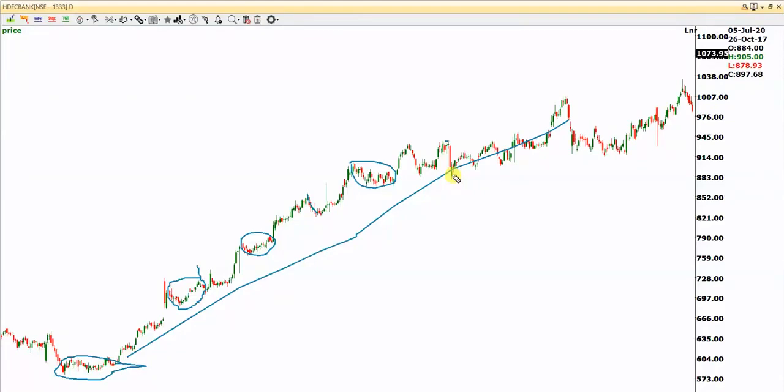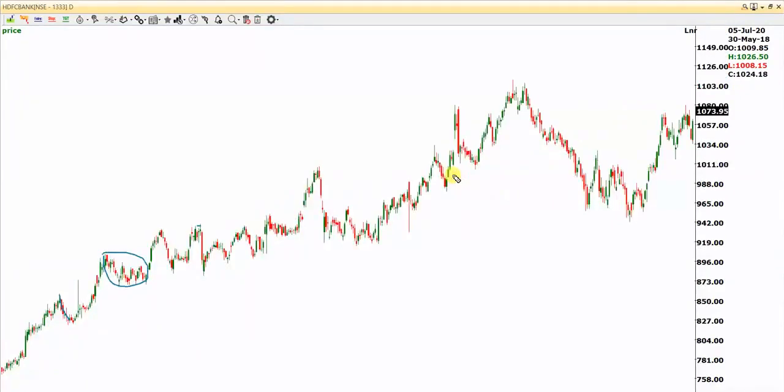Now once the markup phase is over, it will try to move higher till it finds the sellers, right? Now let me go and check where the distribution phase started. So the distribution phase is nothing but all those who bought at the accumulation or in the markup phase, now they feel they want to exit their portfolios.